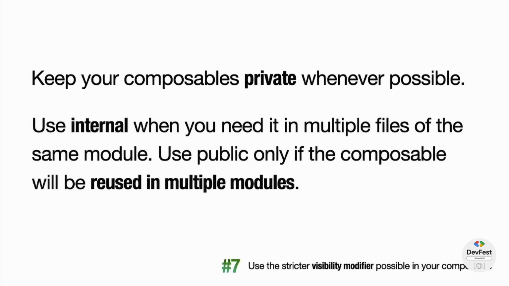In case you need to use that composable in multiple files, but in the same module, please use internal. And if you need a composable that you will have in a shared module that you will use in multiple feature modules, you can use public only for that case, right?